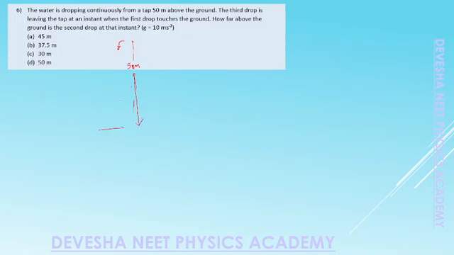Now imagine it is falling continuously. When drop 1 is touching the ground here, drop 2 is somewhere here, we don't know where, and this is drop 3, which is about to fall from here.